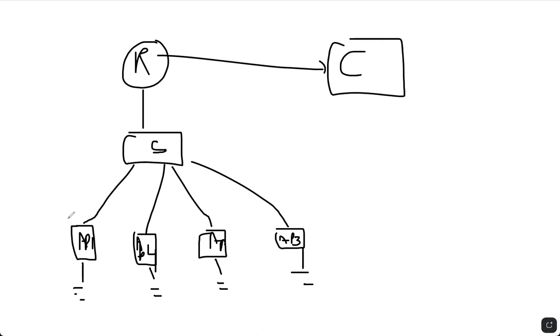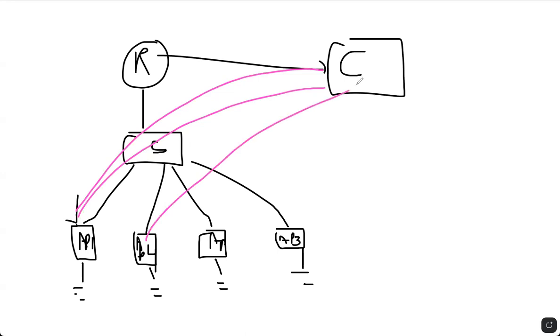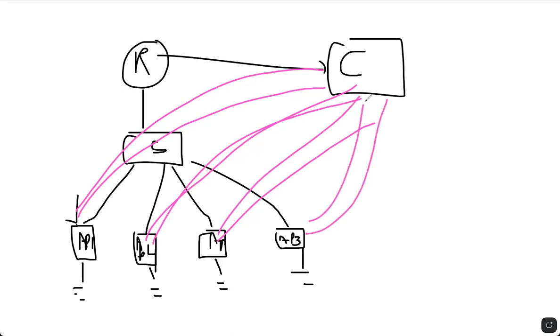So this access point will make a tunnel to this controller. This access point will make a tunnel to this controller. This access point will make a tunnel to this controller. This tunnel is called a CAPWAP tunnel.